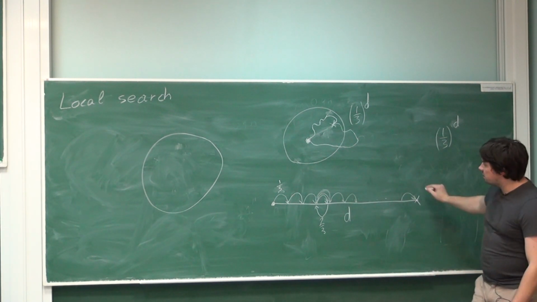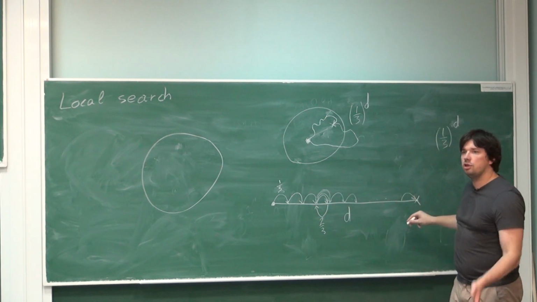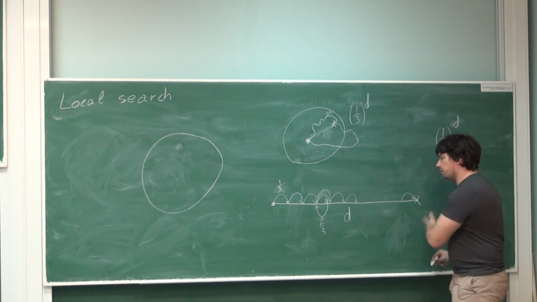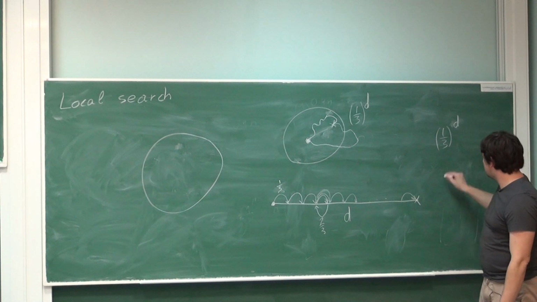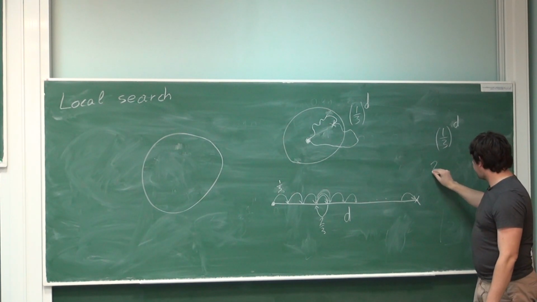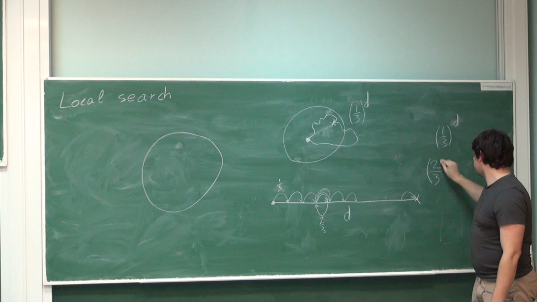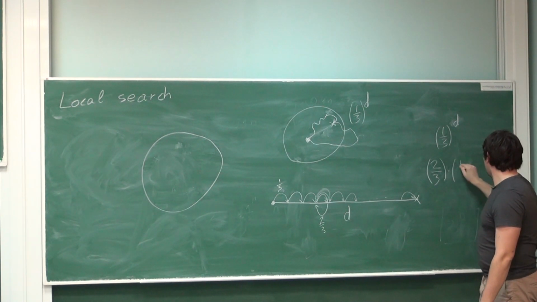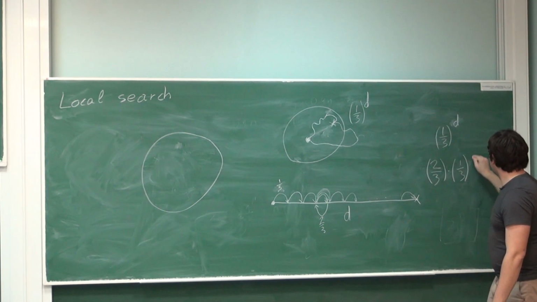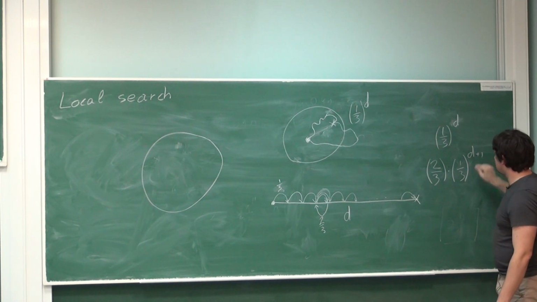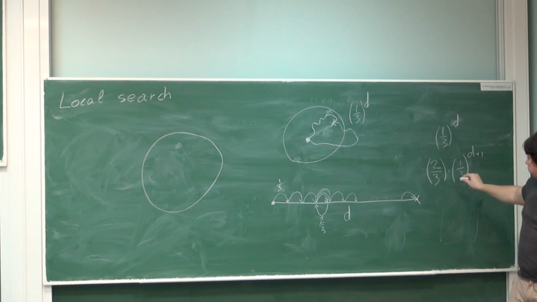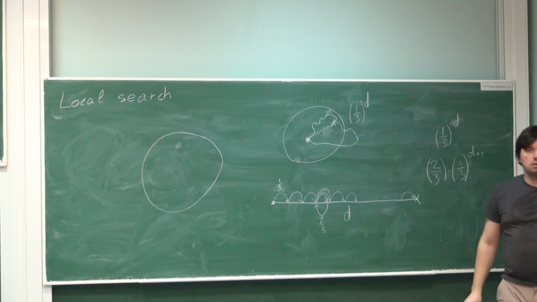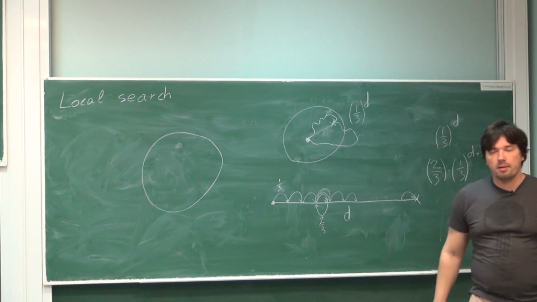So the chance that my walk, in terms of the distance to the correct assignment, would look exactly like this would be 2/3 times (1/3)^(d+1), which is a little bit worse than this. So we actually lost some probability.